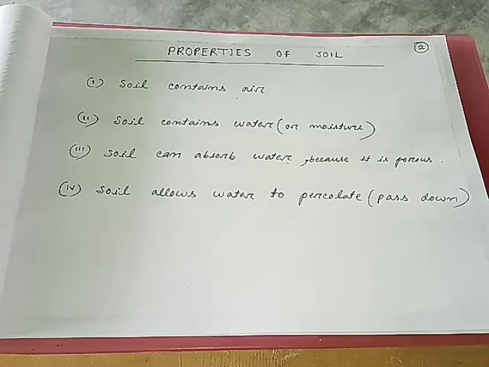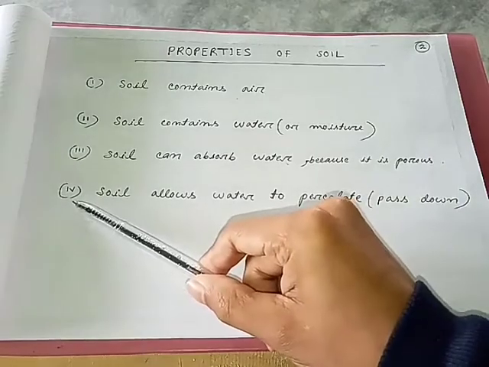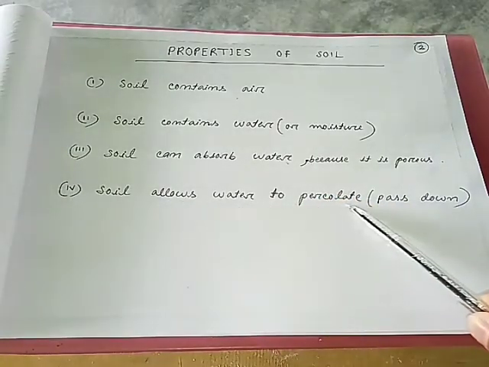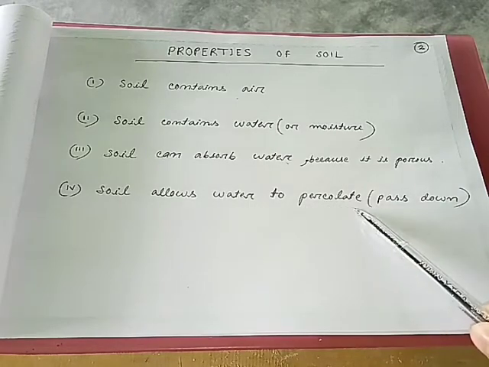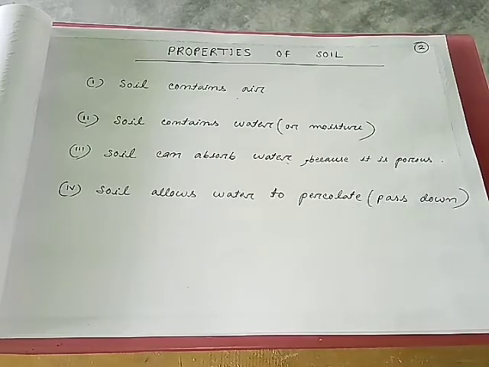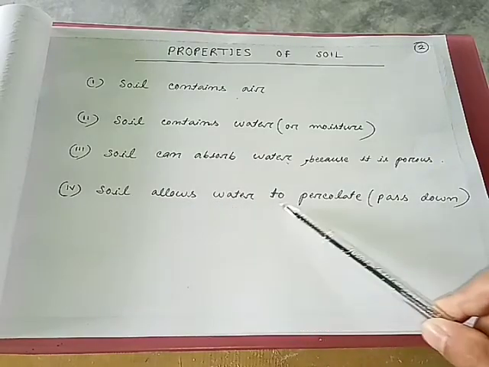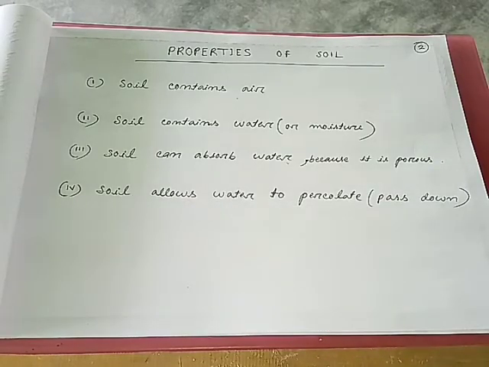Now let's come to property number four. Soil allows water to percolate. Percolate means pass down. Some soils can percolate more water and some can percolate less. Which type of soil can percolate much more water?